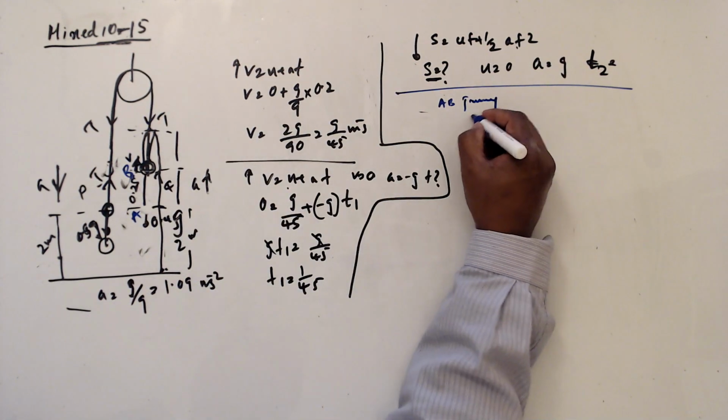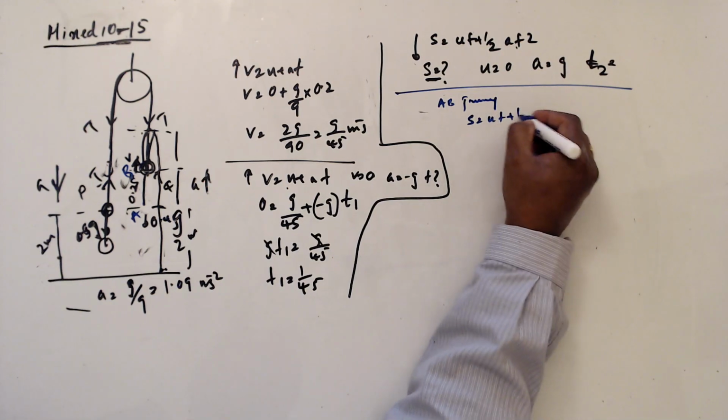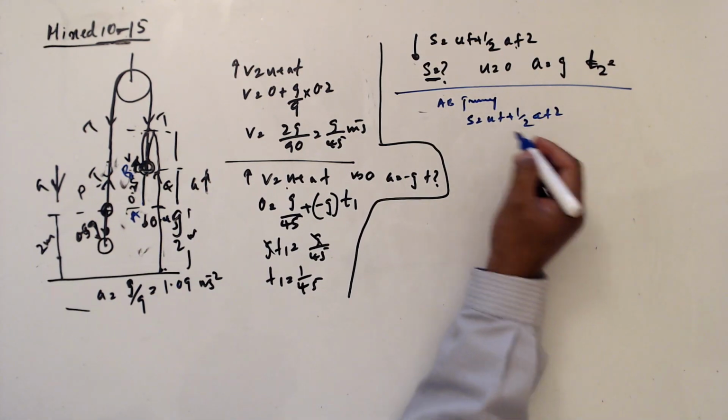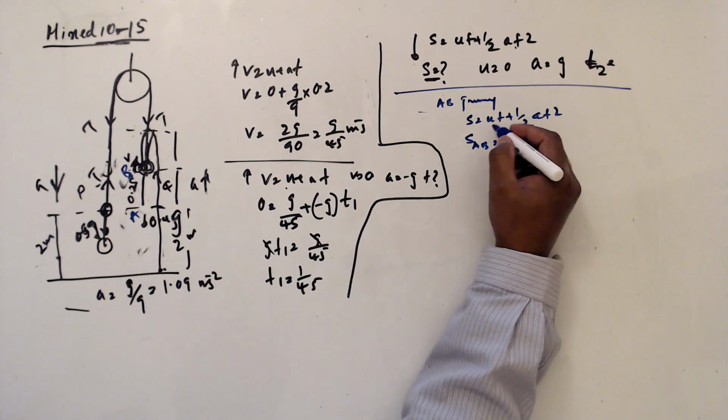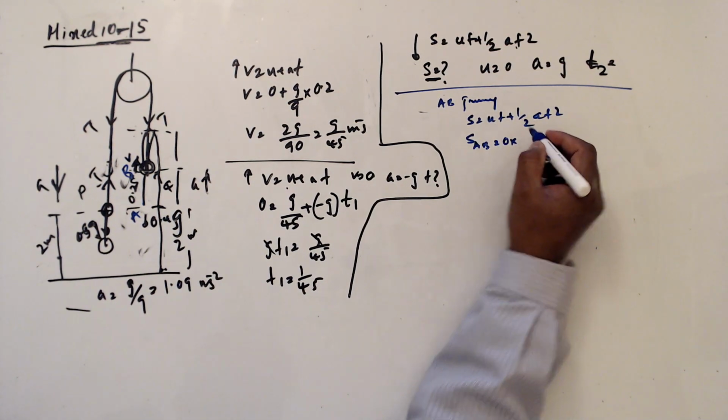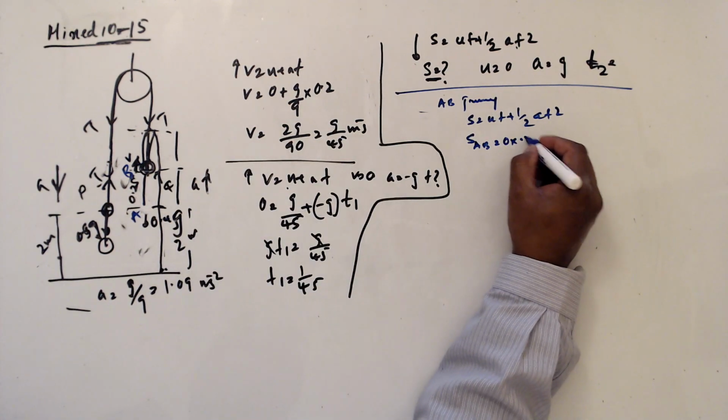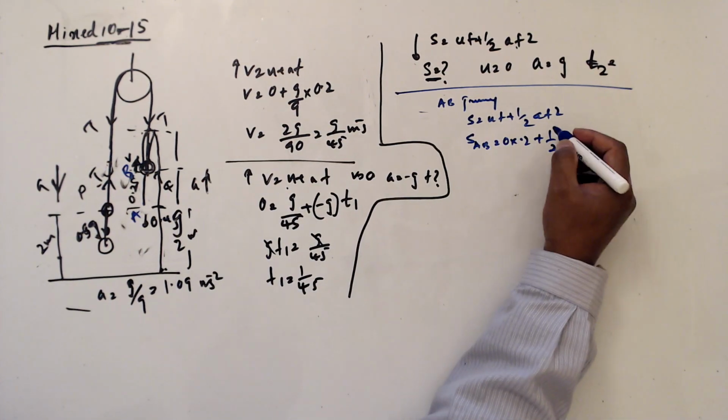We can put s equals ut plus half at squared. So S_AB equals, starting from 0, times t, plus half a.